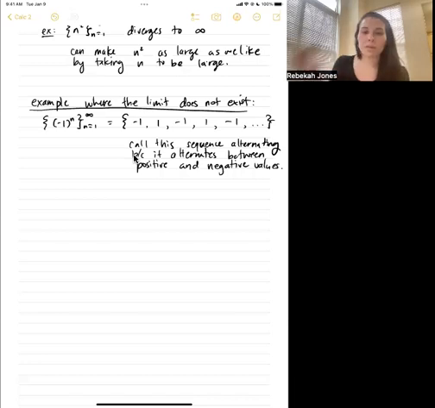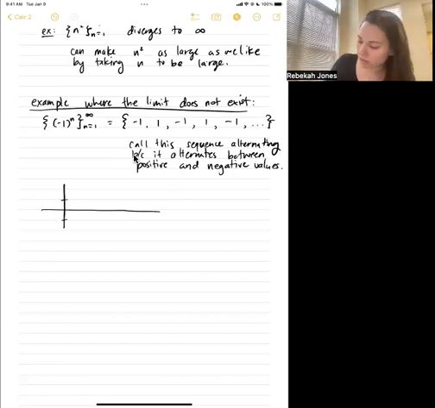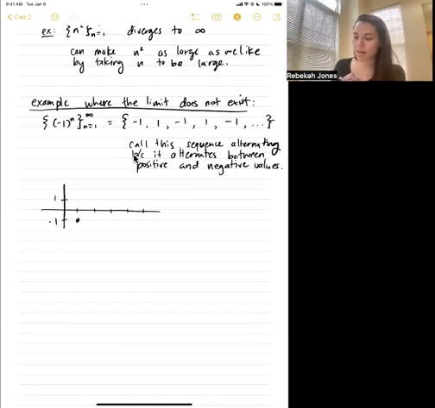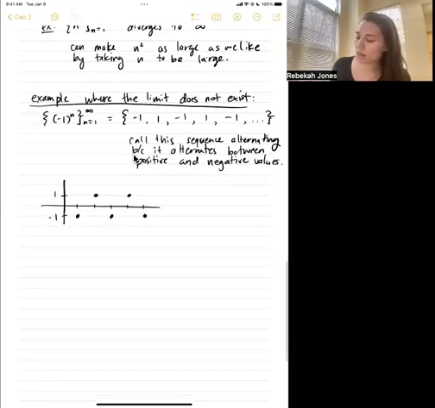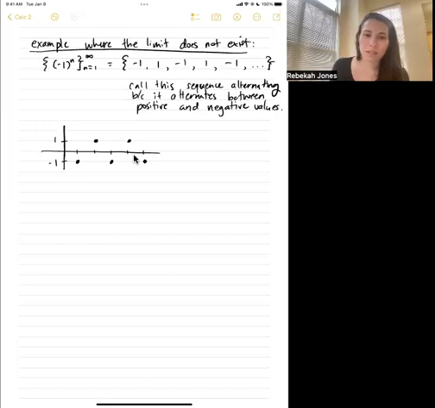Okay, but we wanted to talk about the limit of this sequence. And I think it's helpful in this case to do that sort of visualization. So plot this on some axes, right? So starting, if this is -1 and this is 1, starting at n equals 1, we have a value of -1, right? Then 1, and then -1, and then 1, and then -1, and then we keep going like this, right? So we can see from this graph that this sequence is sort of moving up and down.